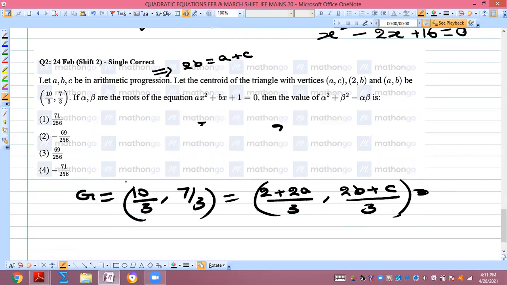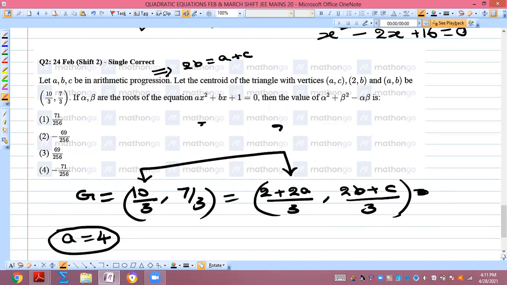So from this, what is the value of a? Clearly the x coordinate must equal the x coordinate, so a is equal to 4. A is 4, and 2b we know already, that is a plus c. So let me use that. 7 is equal to 2b, that is a plus c, plus c, so a plus 2c.